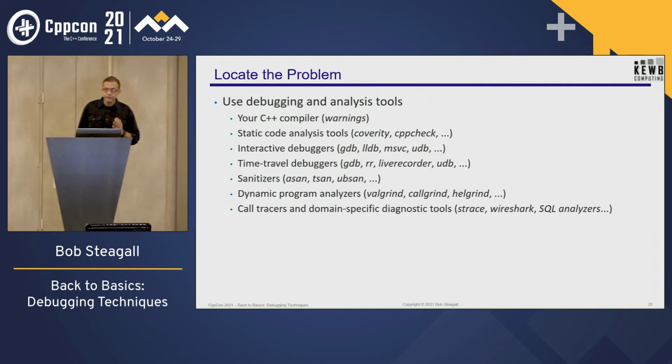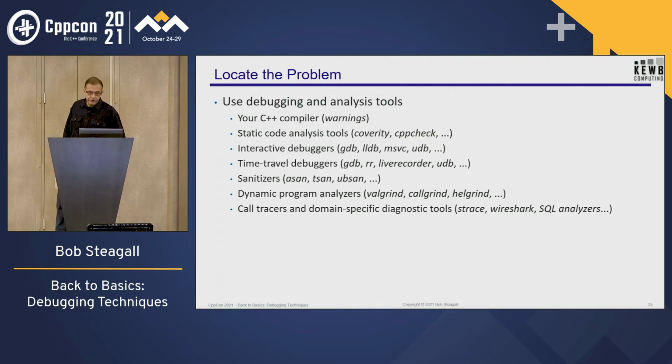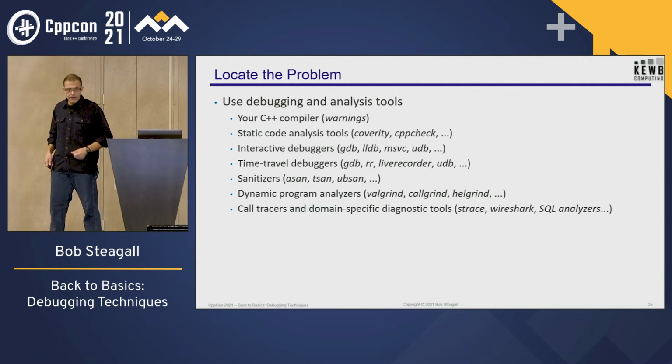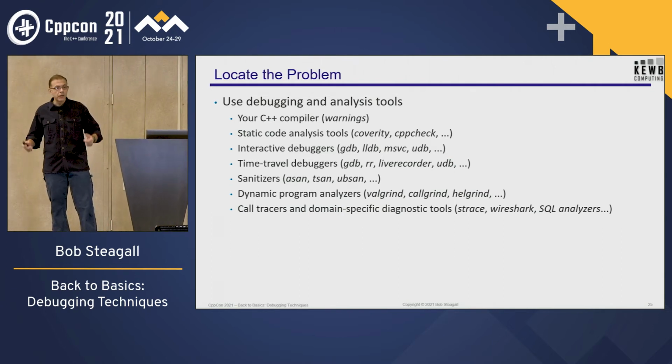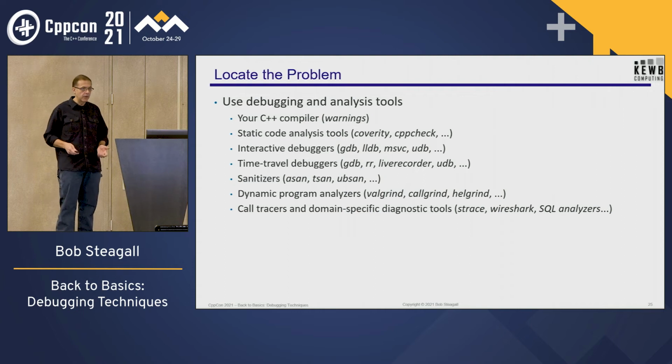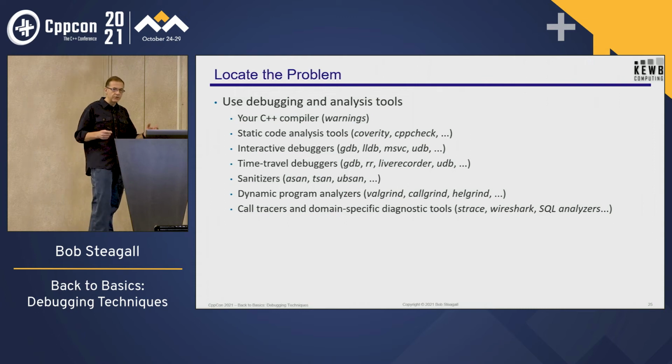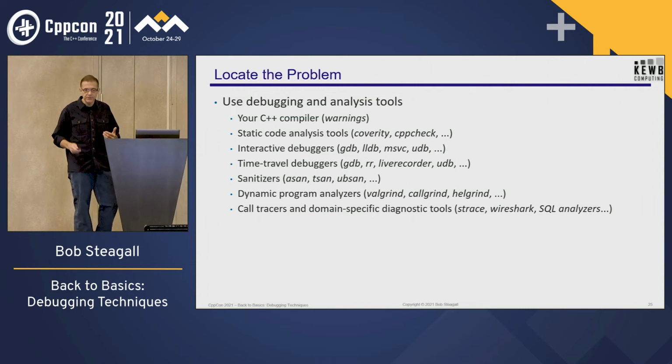And then, of course, you have domain-specific tools. You have strace, which is useful on Unixes. If you're doing any sort of network-based programming, there are tools like Wireshark. If you're doing database programming, there are SQL analyzers that come from things like Oracle or other places that allow you to intercept SQL calls and watch what's happening.